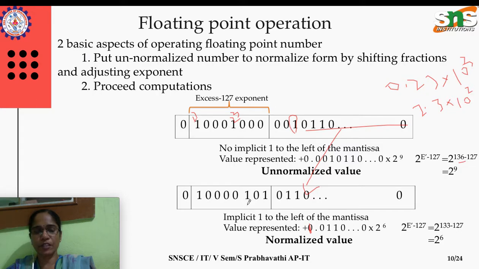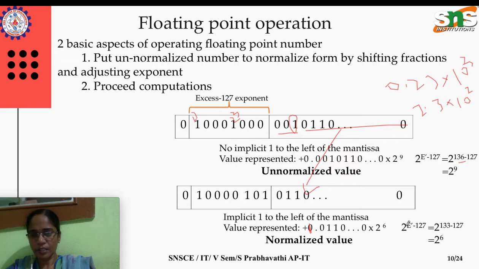So likewise here the exponent is changed from 2 power 9 to 2 power 6, because we have shifted 3 bits to the left of the binary point. Okay, now 3 bits gets added, is it not?